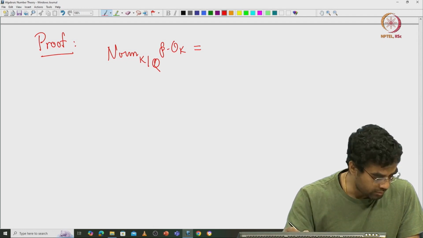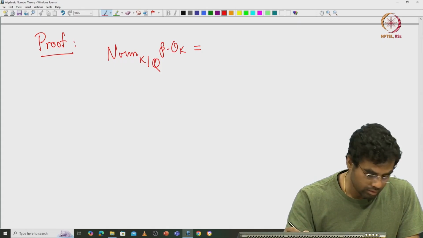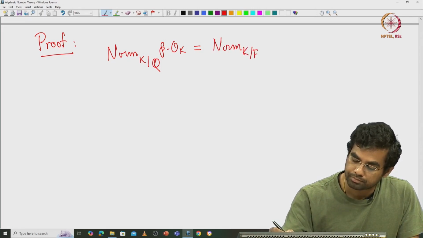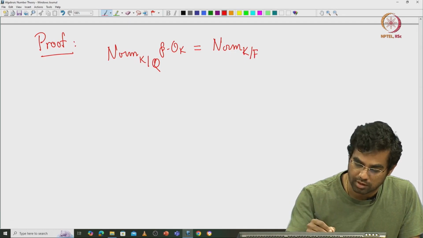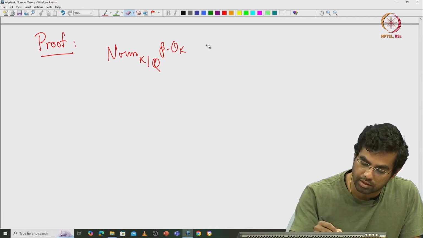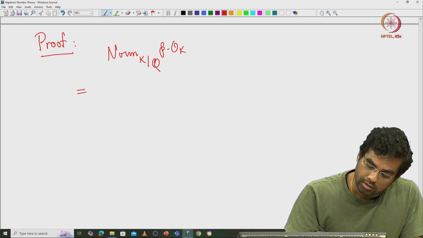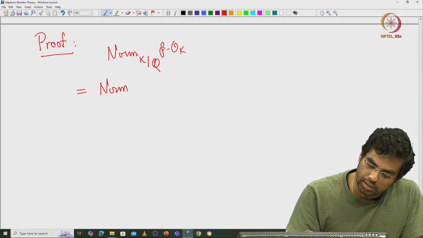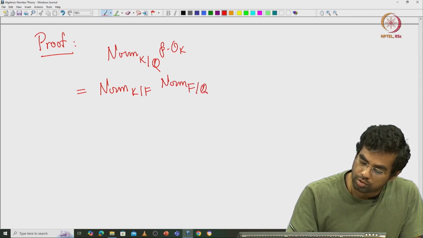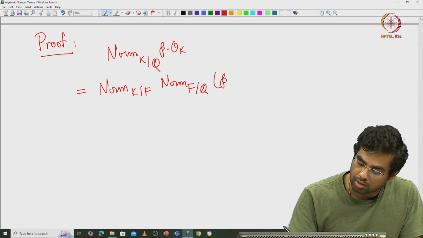On the one hand, what I can do is take the norm from K to F first.